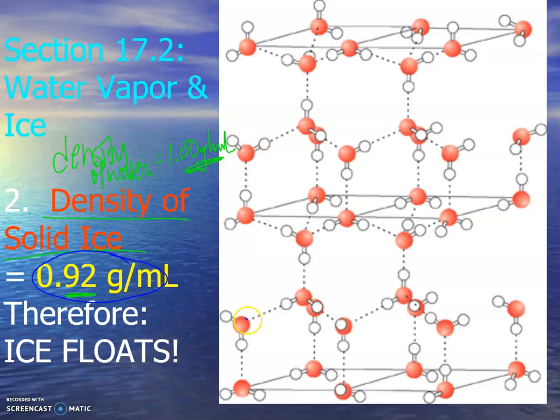So what happens is when the water molecules freeze, they have to get into a very specific formation. Here you see the negative part. That has to align with the positive part of this water molecule. And this negative part has to align with this positive part right here.